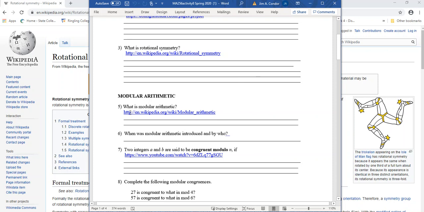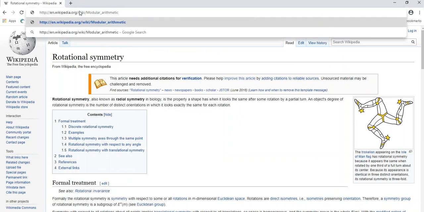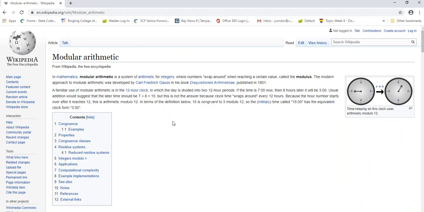So what is modular arithmetic? Again, I'm going to go quickly through this, but it's a very basic idea of working with integers that only have a certain amount of numbers that you can work with. A lot of times people talk about clocks.